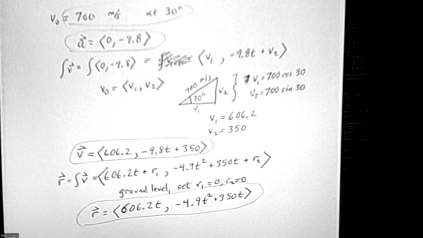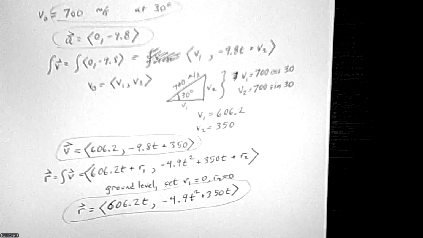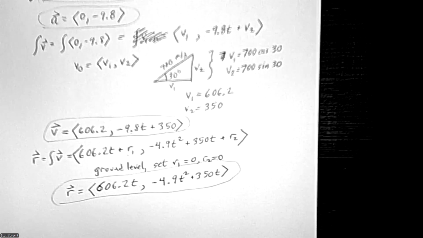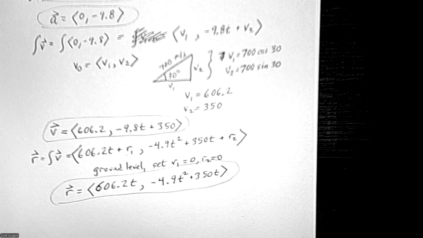Okay. So this is where you have to see into it a little bit. When the object is shot from ground level, its initial height is 0, and then it goes into the air, of course, and then it comes back down. When it comes back down, what is its height?